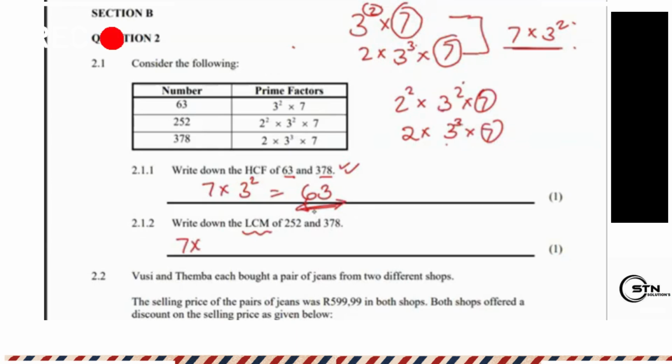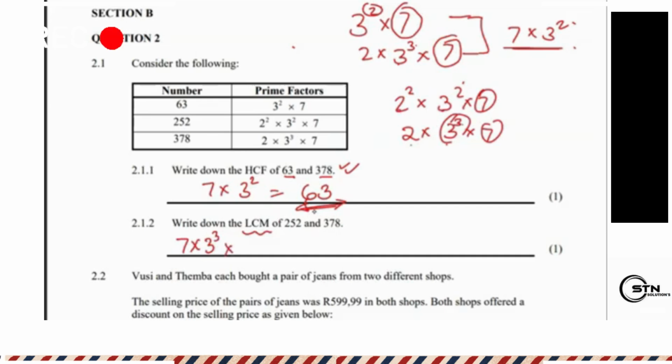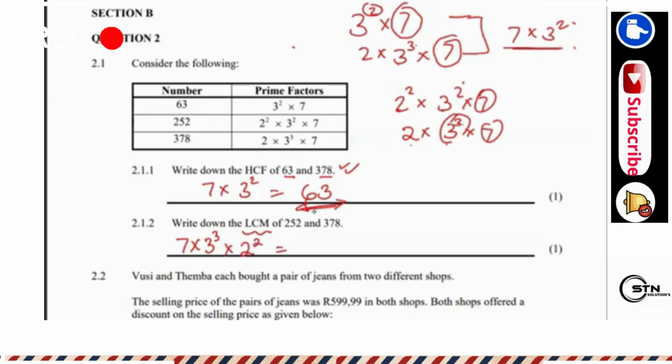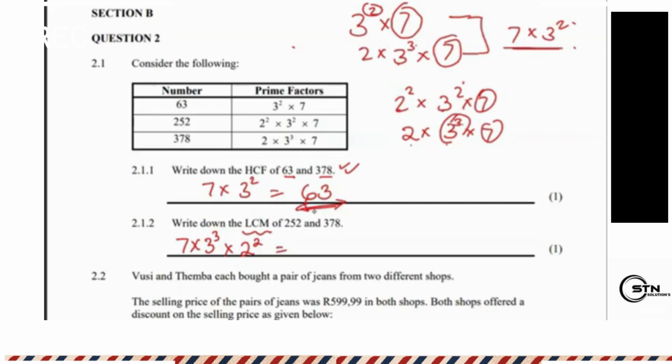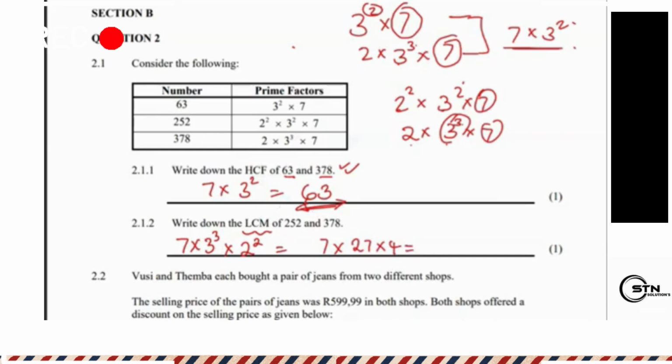I take the one with the highest exponent for LCM, which is 3 cubed. And then 2 and 2 squared, I'll take the 2 with the biggest exponent, which is 2 squared. And then all I'll do is just multiply this. So this is going to be 7 multiplied by 27 multiplied by 4. And then I end up with my answer.